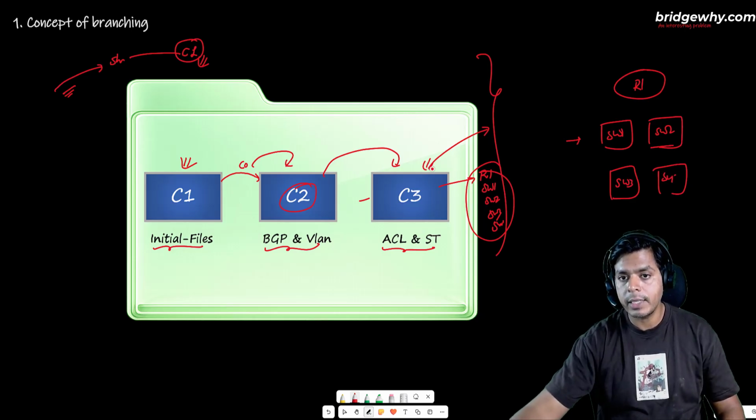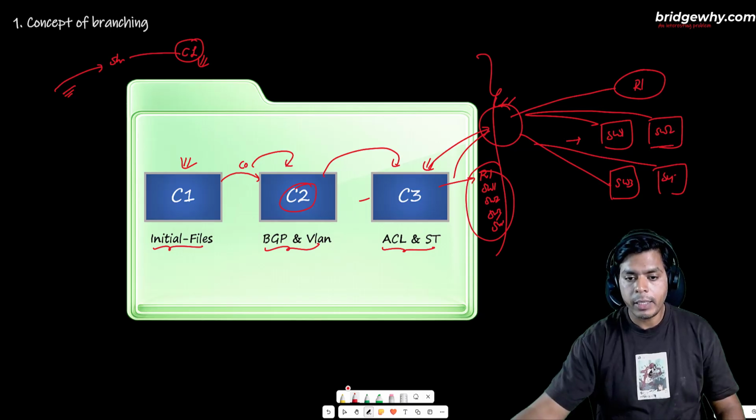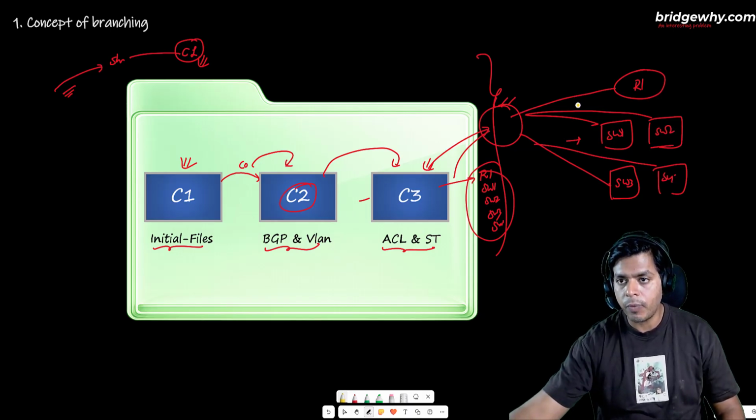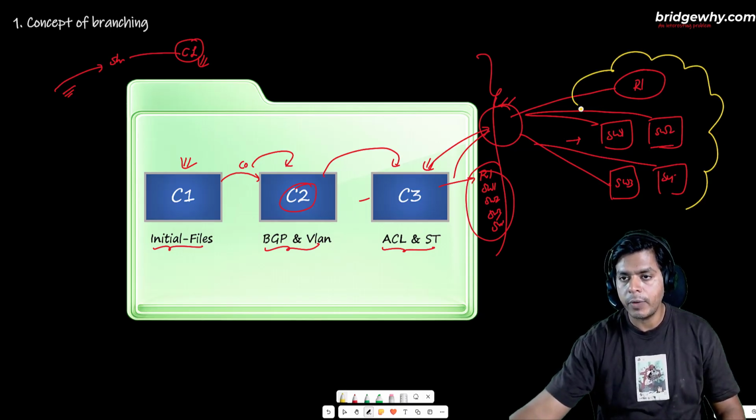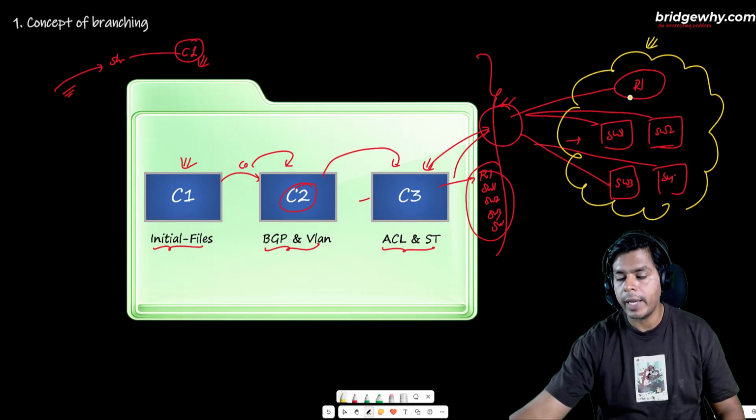Whatever is there in C3, through any controller or any mechanism, I take them out and push them inside these devices. It means that my current network is having the current files.